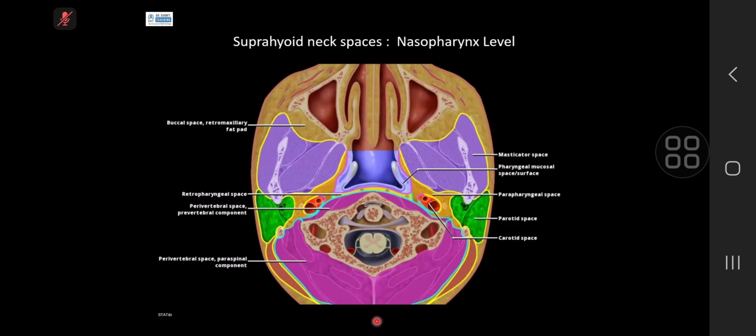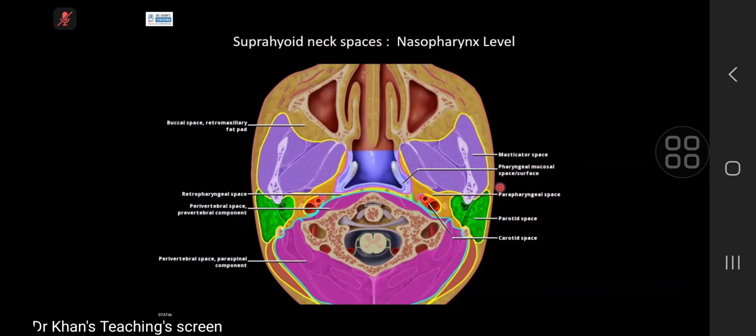Masticator space is the space surrounding the mandible, and these are the muscles of mastication, the pterygoids and the masseter. Posterior to that is the parotid, and of course we have the carotid space here and the parapharyngeal space here.